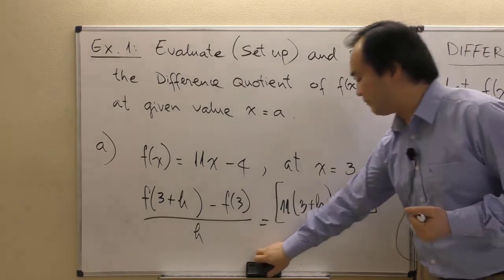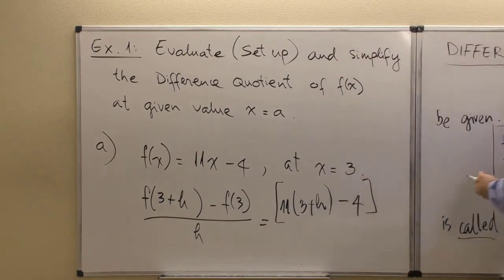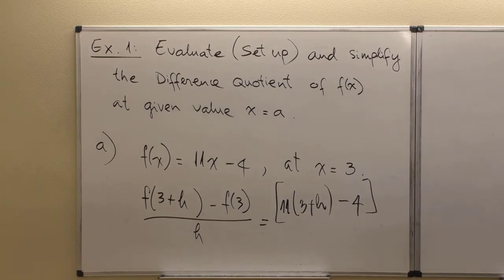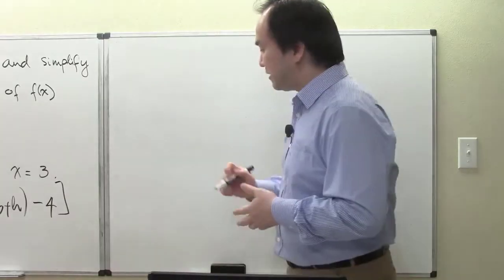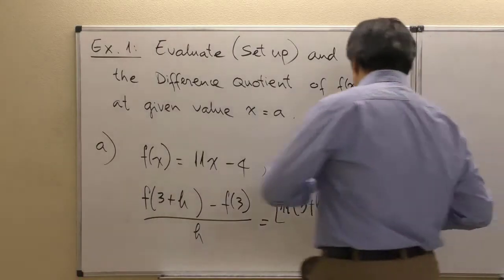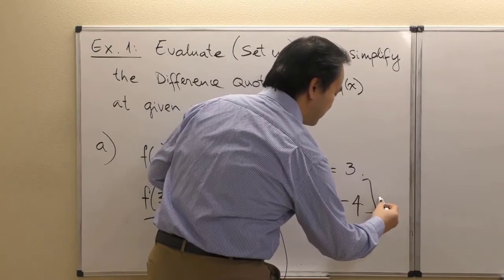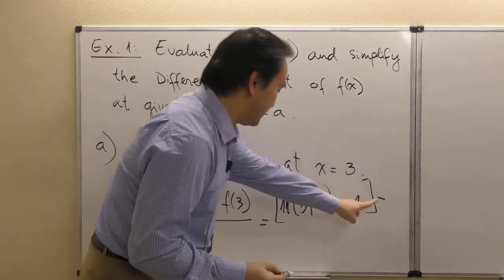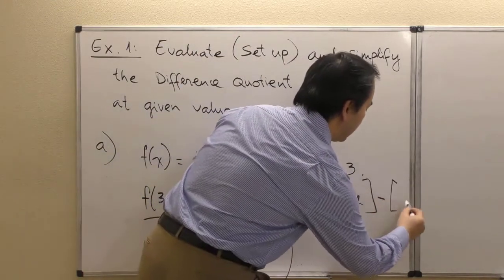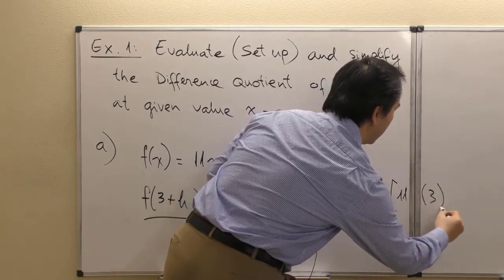So now I'm going to extend out. Actually, let's still leave that space here. But I'm going to subtract f of 3, since the setup says f of 3. So that means we're looking at 11 times 3 minus 4.